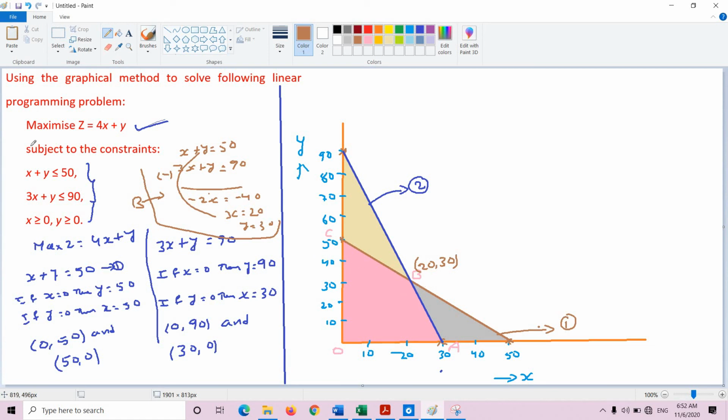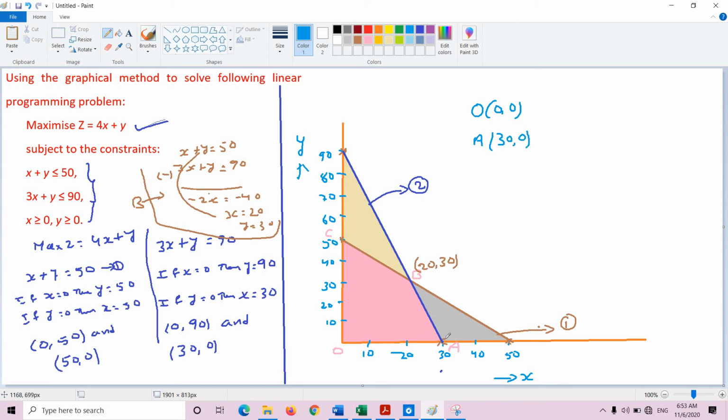Now let us give the labels. First, the origin point, which is O. The coordinate point is 0, 0. Then A is the point 30, 0.